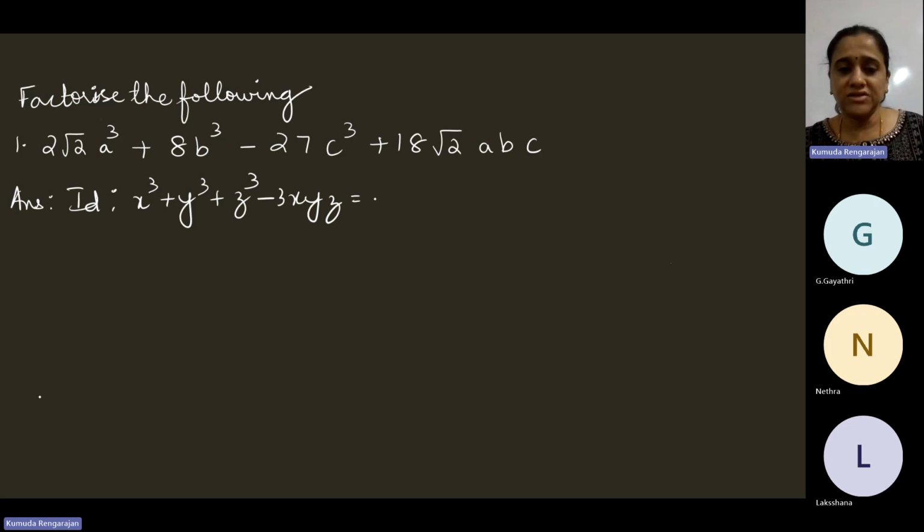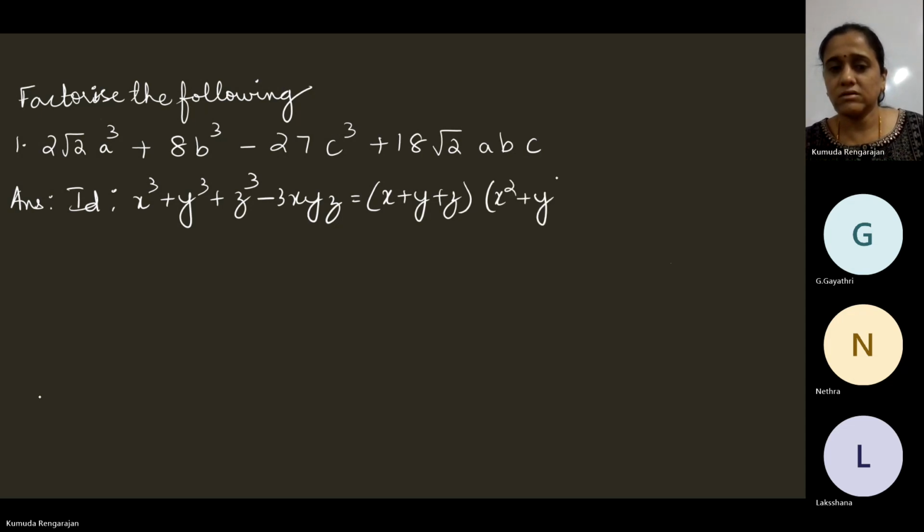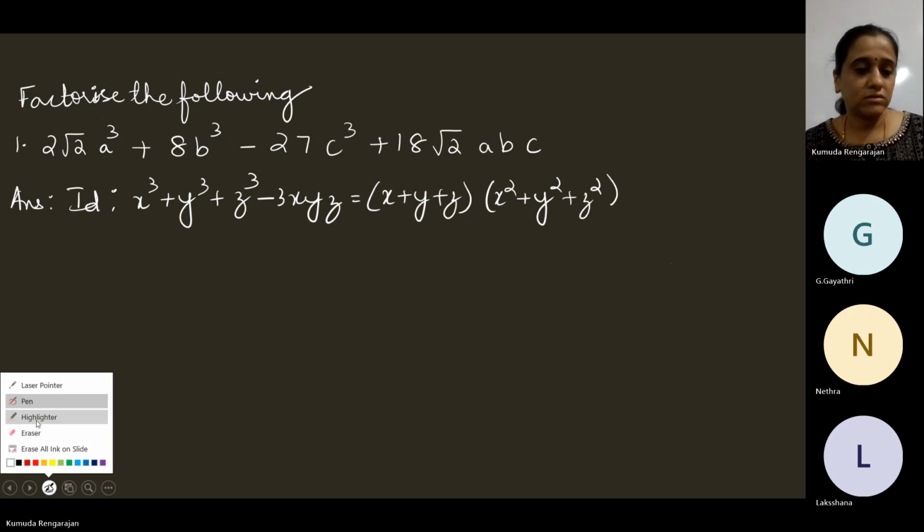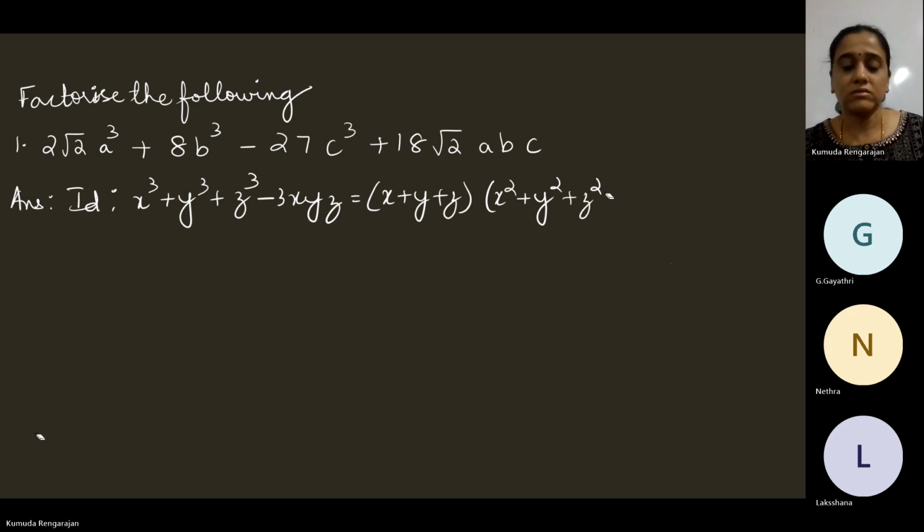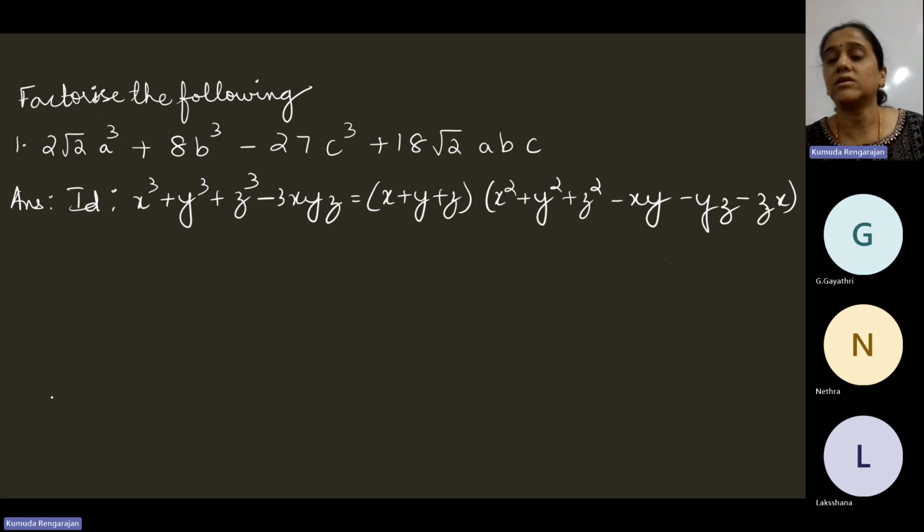Is equal to x plus y plus z... Very good, correct. So Rahul has given us the identity correctly.